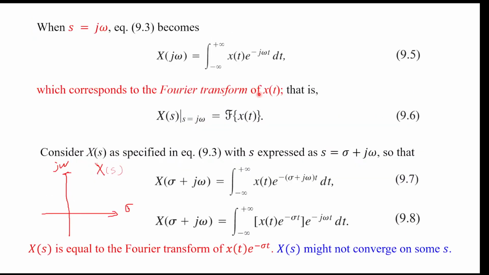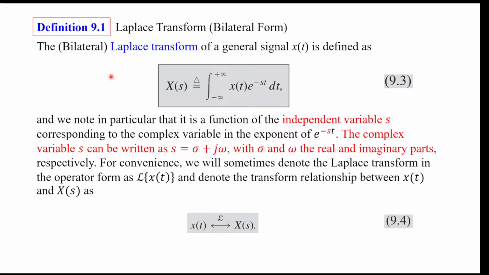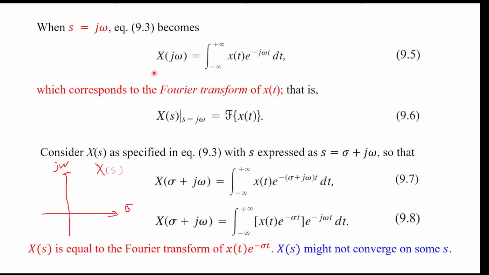Now we try to derive some of its properties. First, we link it back to the Fourier transform. This integration looks a lot like the Fourier transform, and a lot of the integrals you do can be related directly back to the Fourier transform. For example, if we set s equal to j omega, then this equation is exactly the Fourier transform equation that we saw a lot in chapter 4.